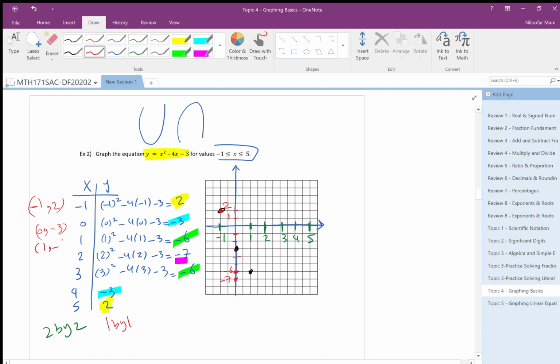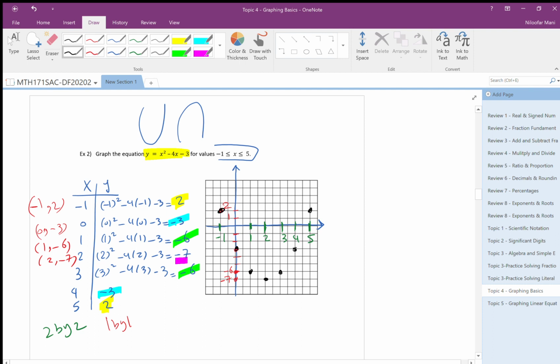And how about 2 and minus 7? 2 and minus 7 is here. Then 3 and minus 6 is here. And 4 and minus 3 is here, and 5 and 2 is here.